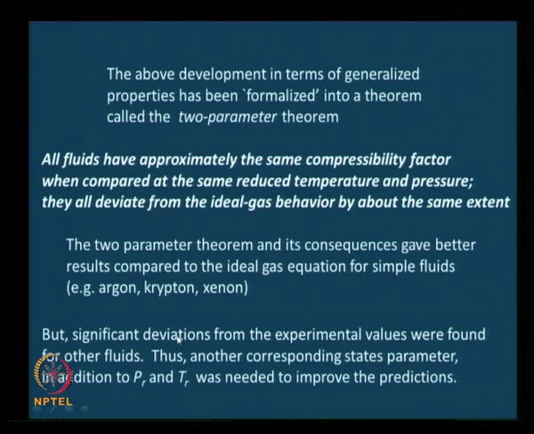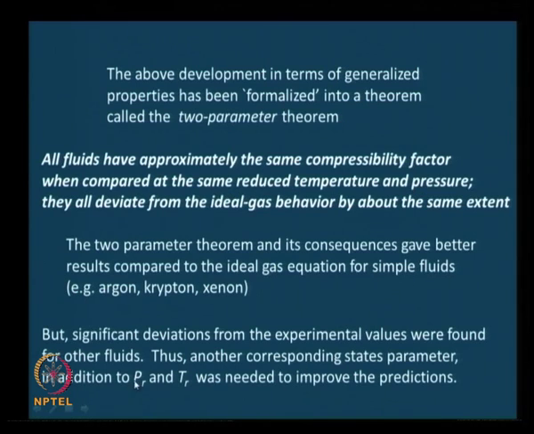And the way to handle that was to bring in another corresponding states parameter in addition to the reduced pressure and reduced temperature. Now you can see why this is called the corresponding states parameter. Compare this phrase with the theorem here: all fluids have approximately the same compressibility factor when compared at the same reduced temperature and reduced pressure.